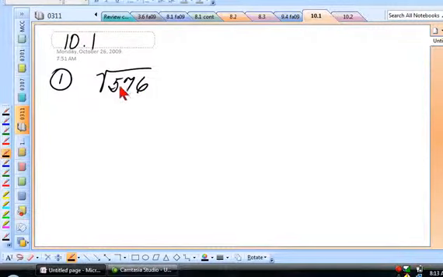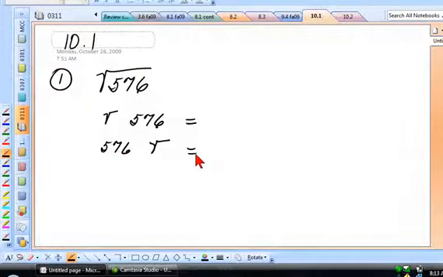I will say that depending on your calculator, some of them you hit the square root key, then you type in 576, and then you either hit equals or enter, and out pops the answer. Some calculators, you put in the number, and then you say what you want to do to it, and then you do equals or enter. So it kind of depends on your calculator.